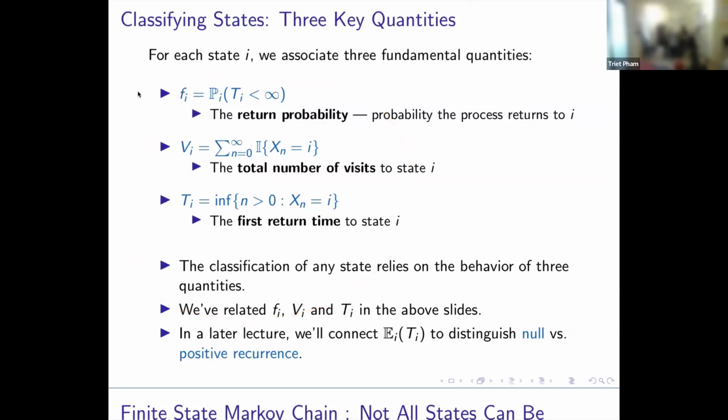And there's no telling which quantity will be best suited in which scenario. Most likely for now, we focus on these two guys, but this will show up in like two lectures or so. But basically, the point is you should know what they mean.